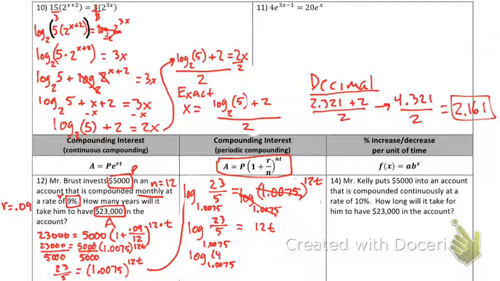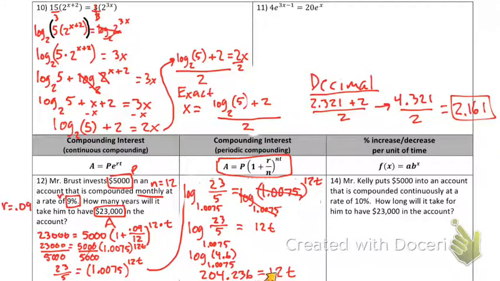So compute the log of 4.6, and we have 204.236. So this turns into 204.236 equals 12t.